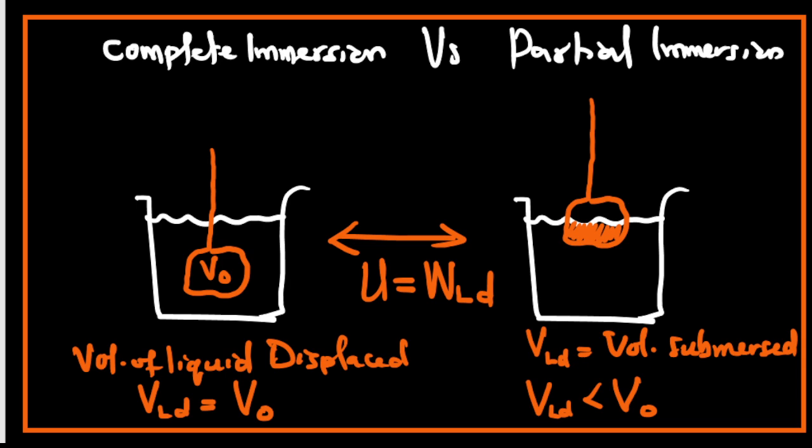So for instance, if the volume of the object inside the liquid, that is the volume submerged, is just 1/3 of the total volume, this is what will be equal to the volume of the liquid displaced. Always take note of that, please.